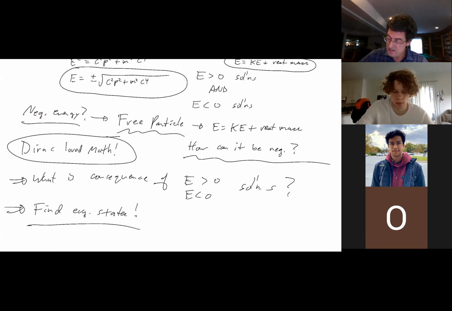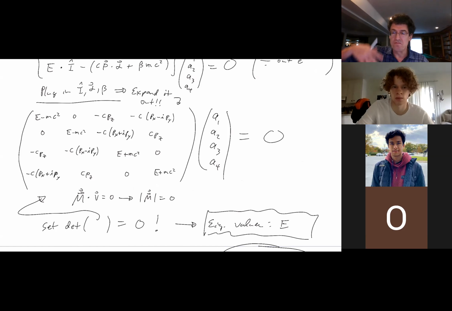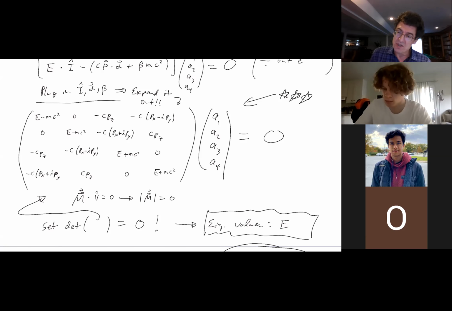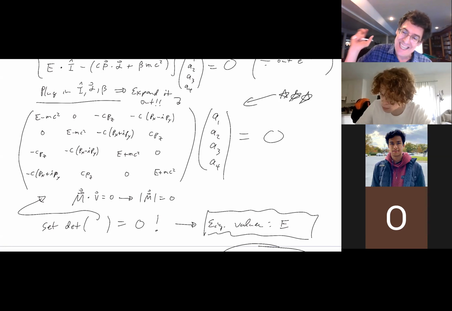Okay, let's go back, because this is just a standard eigenvalue, eigenstate problem. So we go back to this equation. We got our eigenvalues by setting the determinant of that matrix equal to 0. Now we want to get our eigenstates.